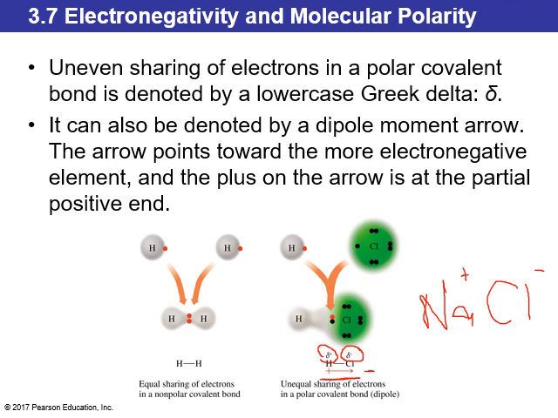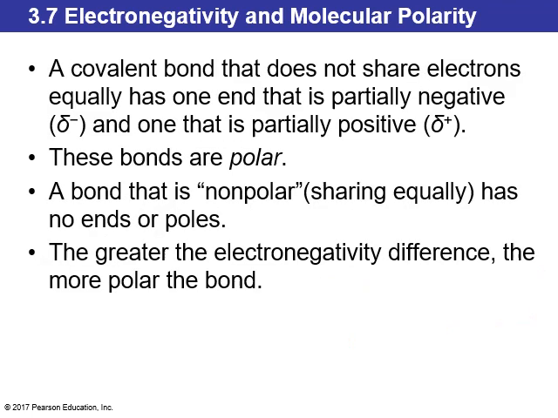So you've got the polarity. This shows the polarity. It shows that the negative side of this molecule is over here, and the little plus side of this arrow shows the positive side is over here. So you've got a partial positive and partial minus. So you can either use these deltas, or you can use this arrow with the cross in it to show your polarity in your molecule.